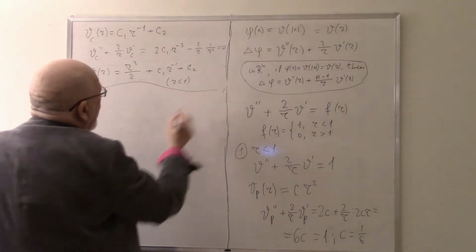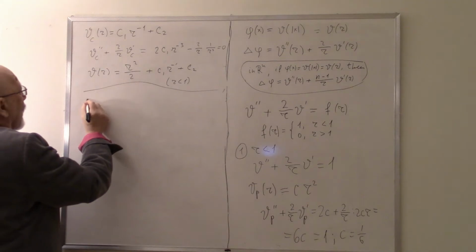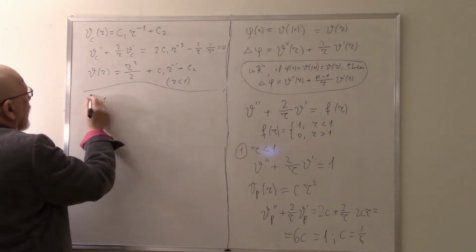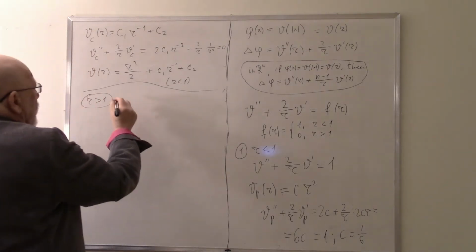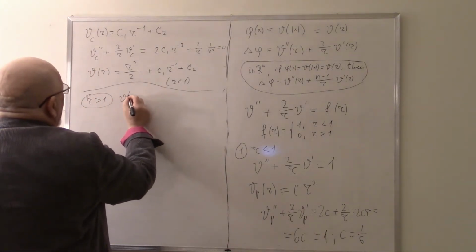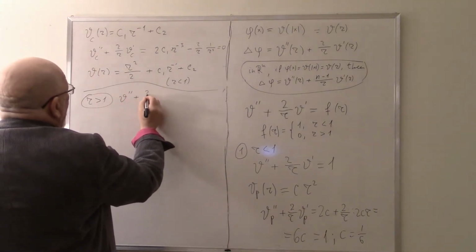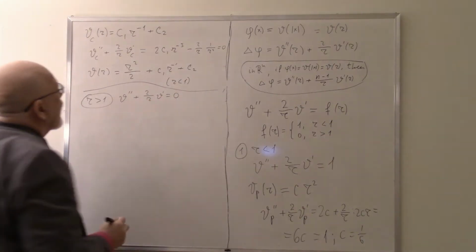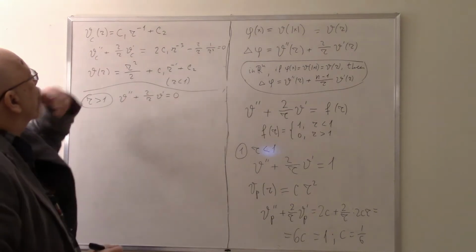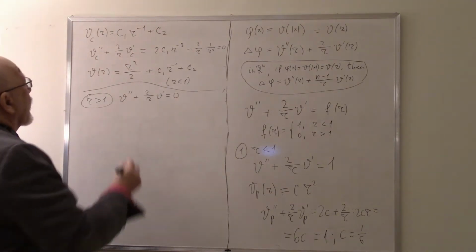Now if r is more than 1, in this case we have the homogeneous equation V double prime plus 2 over r V prime equals 0, and only the solution of the homogeneous equation remains.